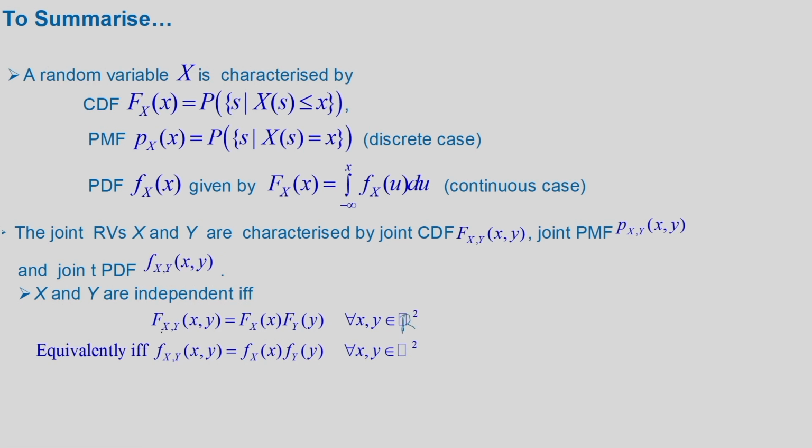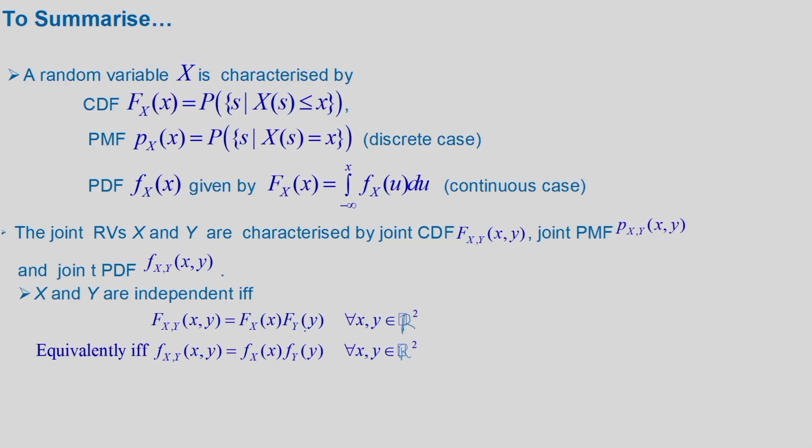Similarly, the same can be defined in terms of joint PDF. Joint PDF is the product of the marginal PDFs for all x, y belonging to R2. So, this is the definition of independent random variables. X and y will be independent if the joint CDF is the product of marginal CDFs, or equivalently the joint PDF is the product of marginal PDFs.